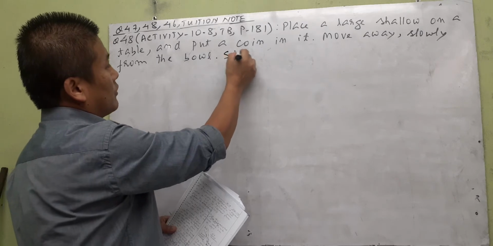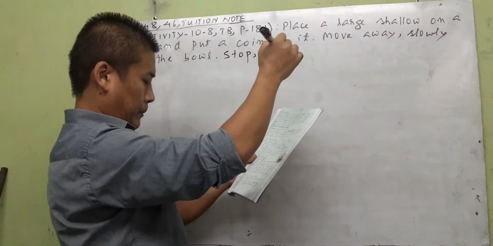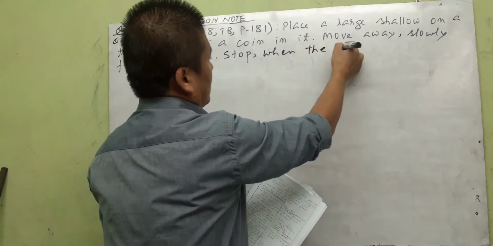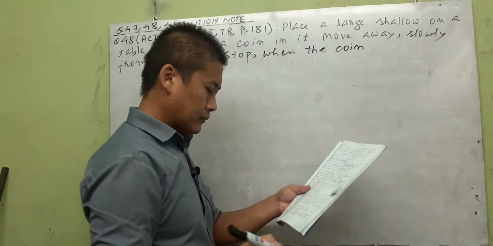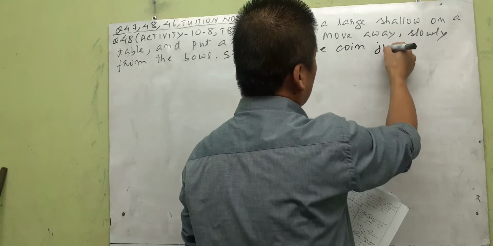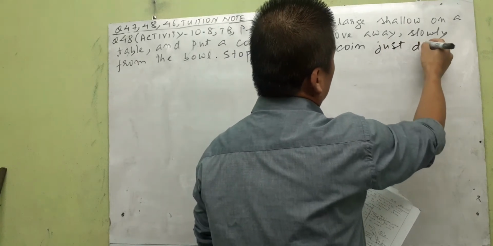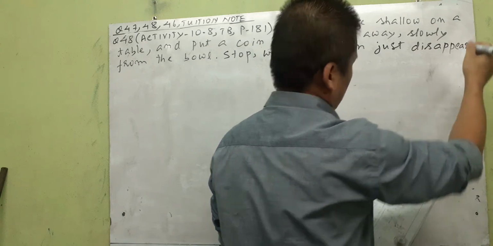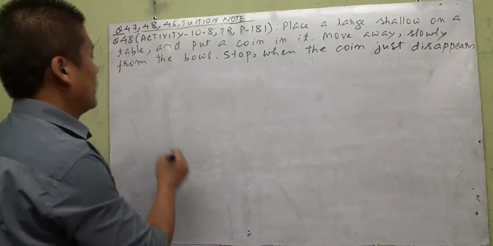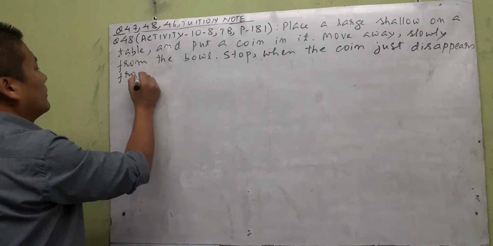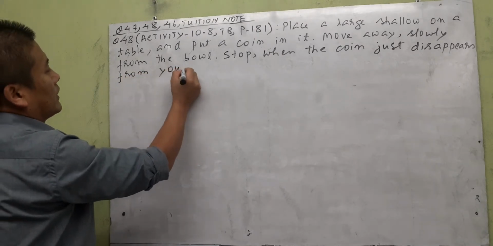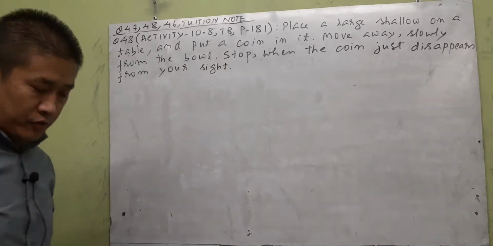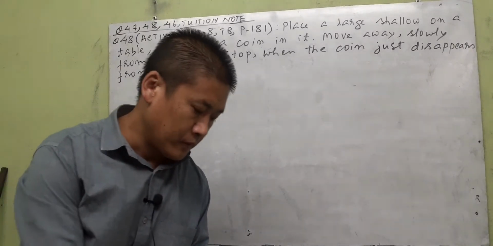Slowly you move away and stop when the coin just disappears from your sight, so you cannot see it anymore. Okay, then what is the question saying?